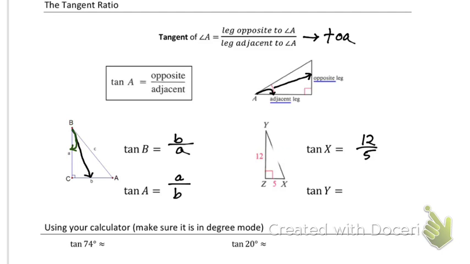So in my head, I'm almost thinking that 13 disappears because I can't use it with tangent. All right, if tangent of X equals 12 over 5, what does tangent of Y equal? Songa? 5 over 12. That's just the ratio. We'll figure out how we use that to actually find missing sides and angles in just a second.